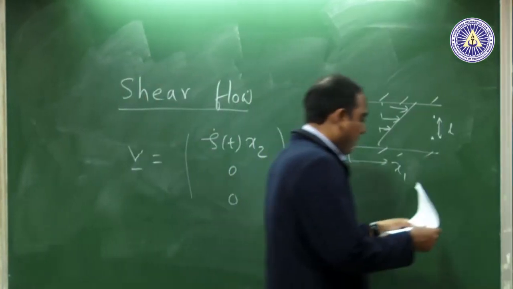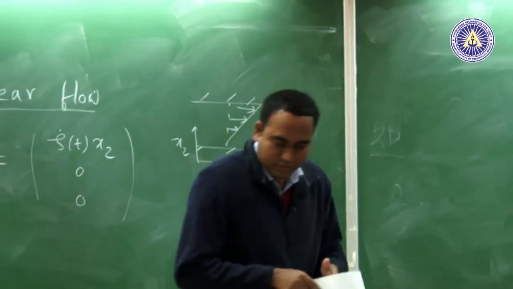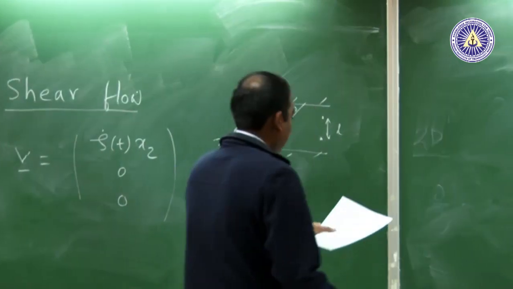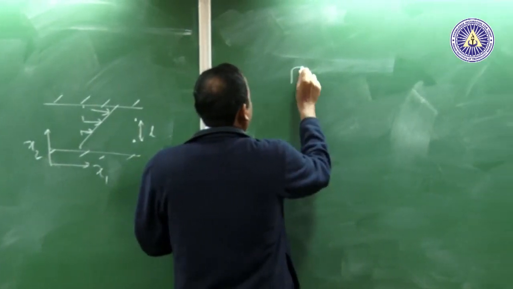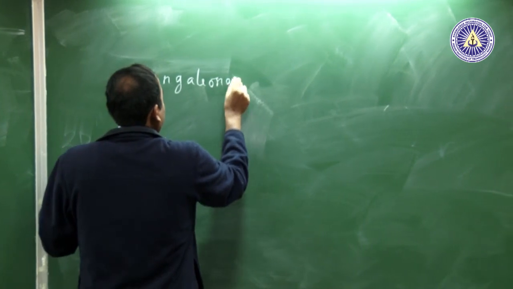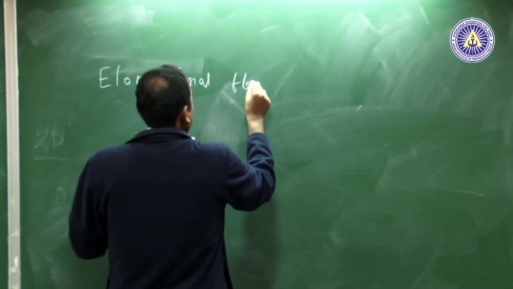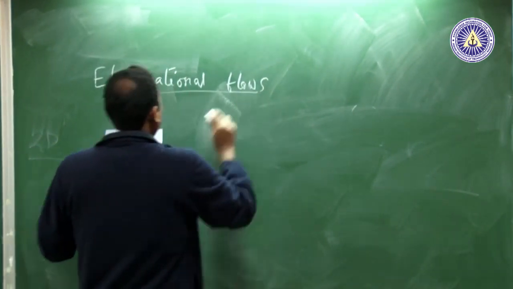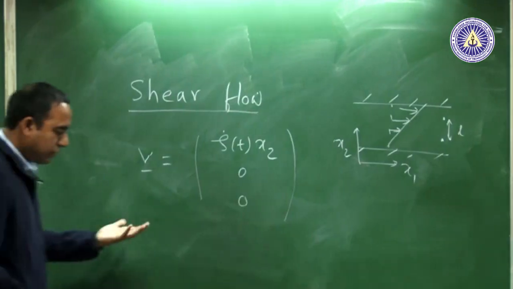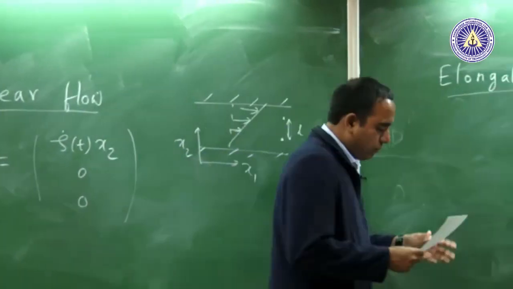Whereas, the next set of standard flows are flows that do not have rotation at all, the elongational flows. So, the next set of standard flow is one in which there is no shear. So, essentially there is no rotation at all. So, these are purely stretching type of flows.